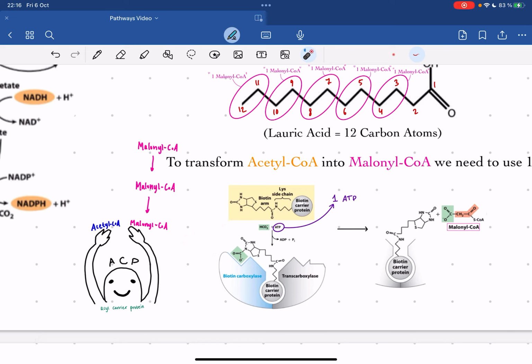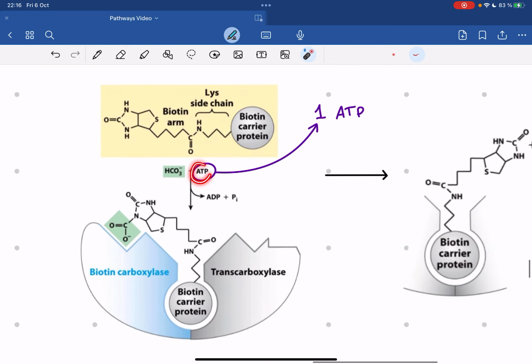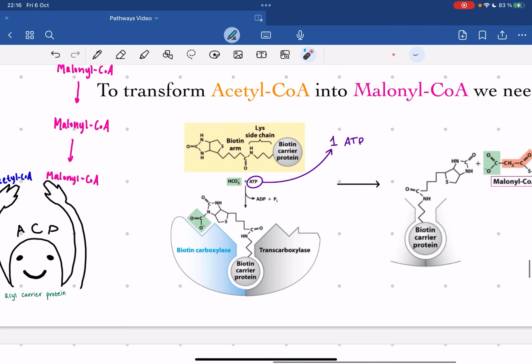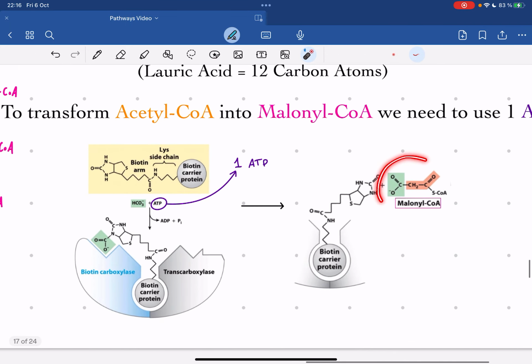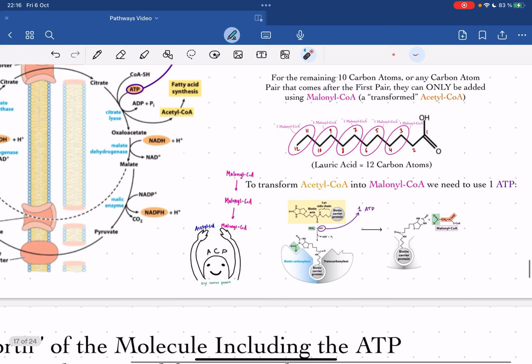I'm paraphrasing here, but for the malonyl to be introduced into the acetyl-CoA, this is just a transformed acetyl-CoA. For that to happen, we need to use another ATP right here. And that is used in order to make this malonyl-CoA molecule.